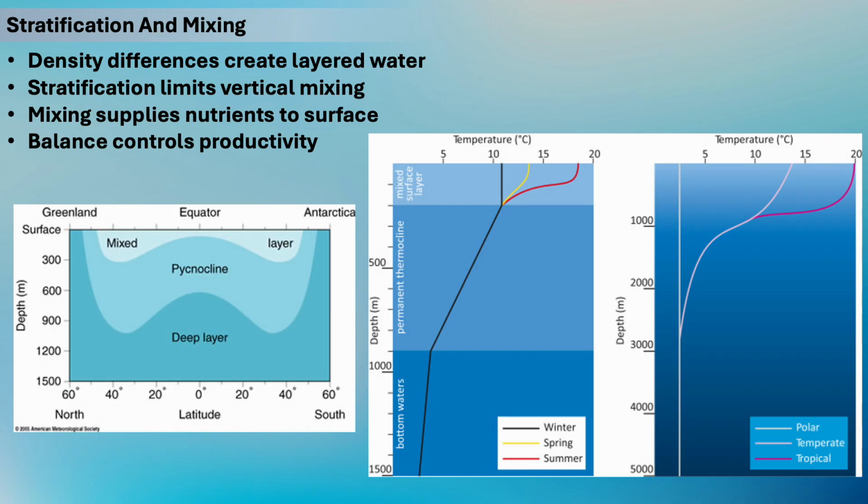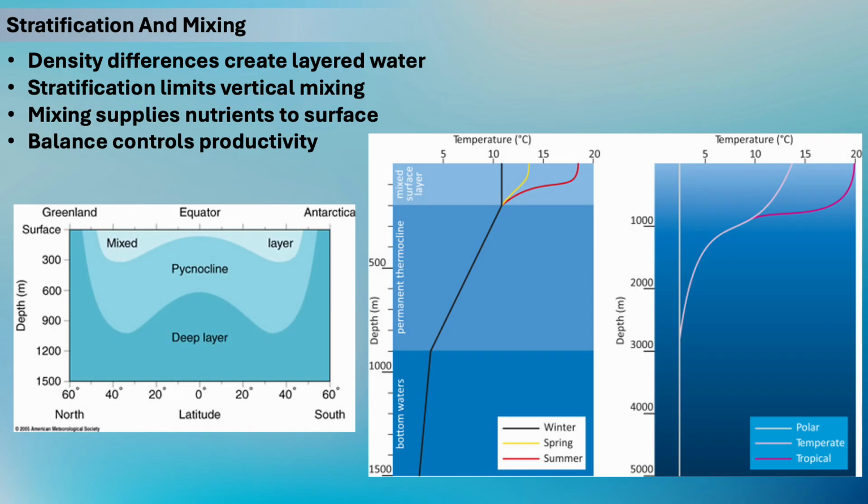Mixing events such as strong winds, seasonal cooling, or changes in circulation can weaken or disrupt stratification. When this happens, the pycnocline becomes less stable, allowing deeper, nutrient-rich water to move upward into the surface layer.